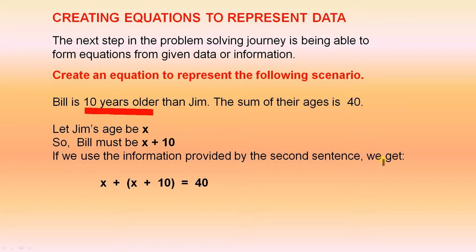Now, if we use the information provided by the second sentence, this is what we get. Jim's age plus Bill's age is 40. And that's the equation that's set up. And we will learn very soon in the next few videos how to solve this equation, and that will give us the answer.